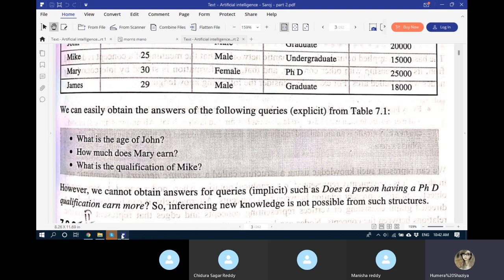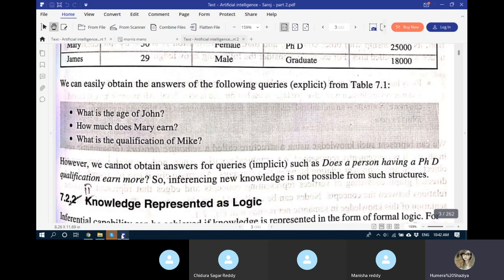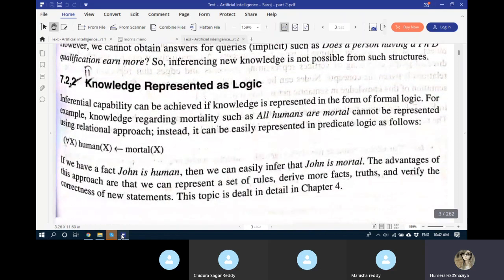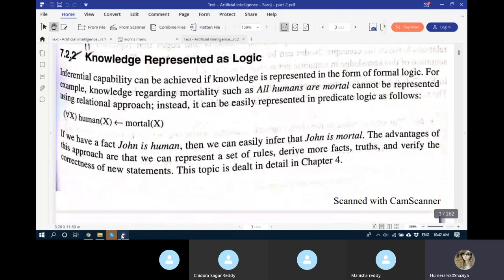So some kind of conclusion or inferencing is not very implicit in this relational structure. So we have to look for another alternative. The another alternative is knowledge representation in the form of a logic.